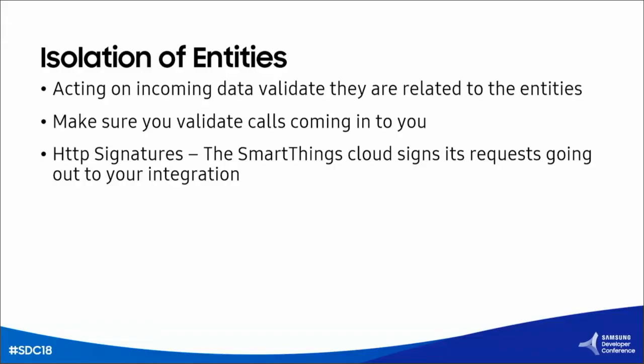So, isolation of entities. The idea is when you are acting on data that's coming in, you need to validate that it is tied to the right thing. If we call you and we give you an event subscription, you need to validate that call came from us. So you need to make sure you understand that the calls coming into you are who they say they are.